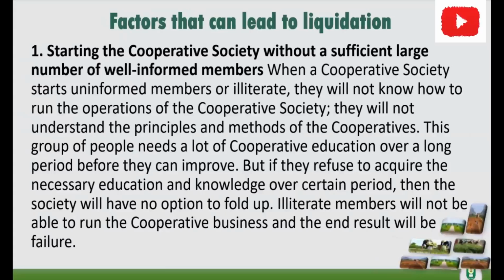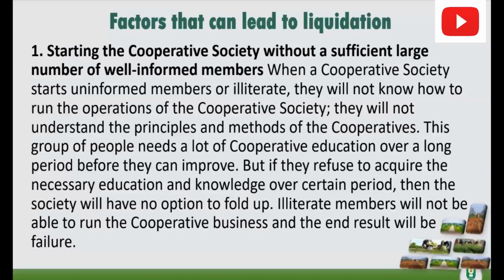Now, what are the factors that can lead to liquidation? Number one factor is starting the cooperative without a sufficiently large number of well-informed members. When a cooperative society starts with a large chunk of uninformed members or illiterates, they will not know how to run the operations of the cooperative society. They will not understand the principles and methods of the cooperatives.